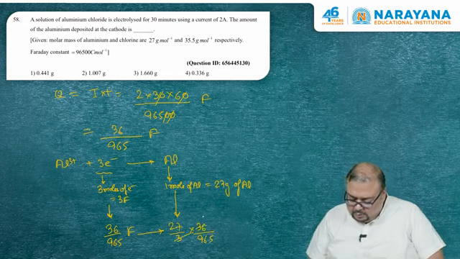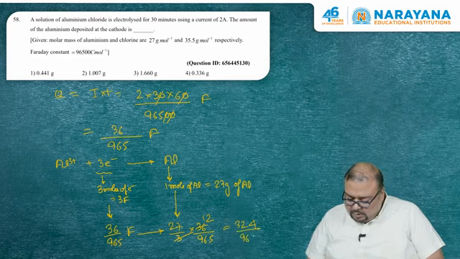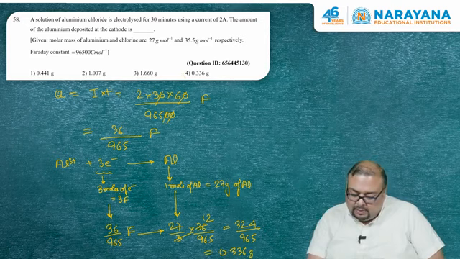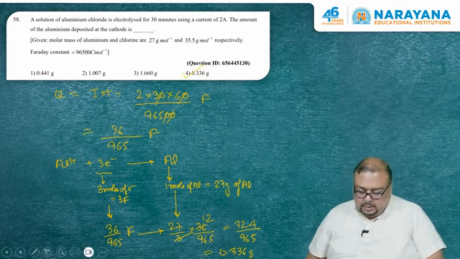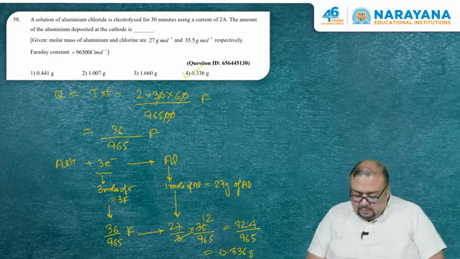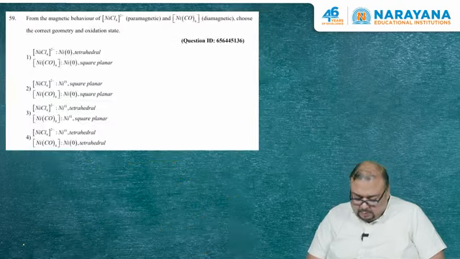So this will go like 12 times 27, 324 by 965. If you do the calculations, it will come out to be 0.336 grams. So the correct answer is option 4. Okay, so after question number 58, next is question number 59.